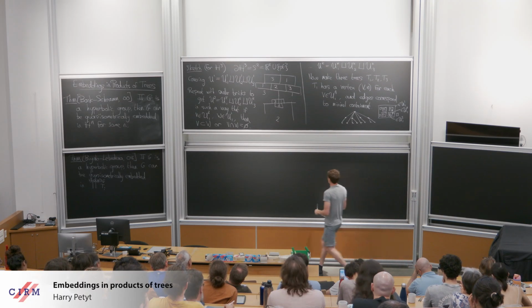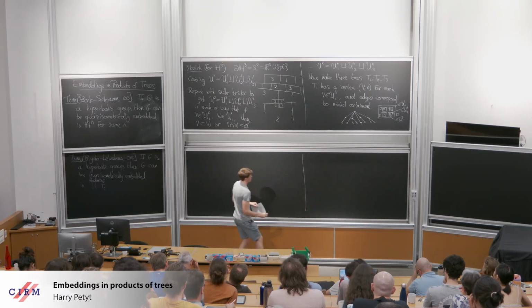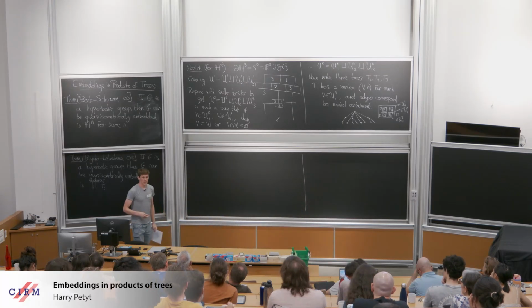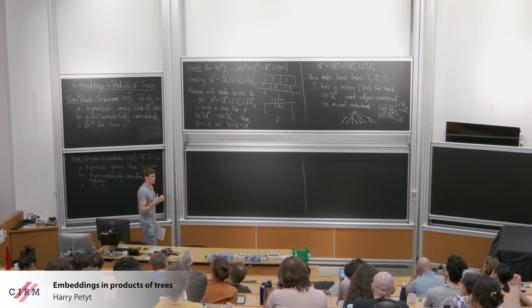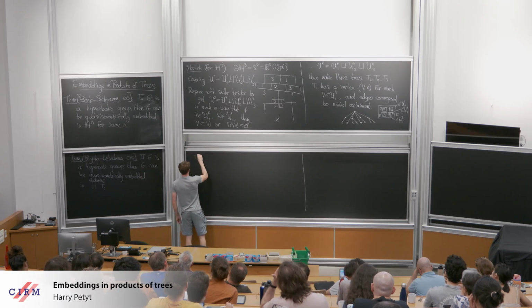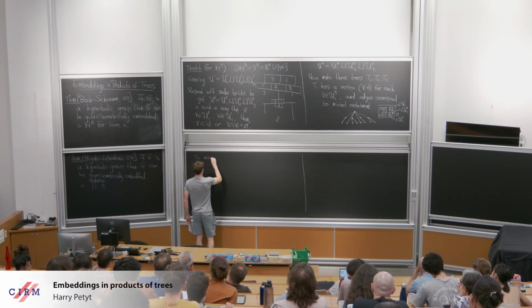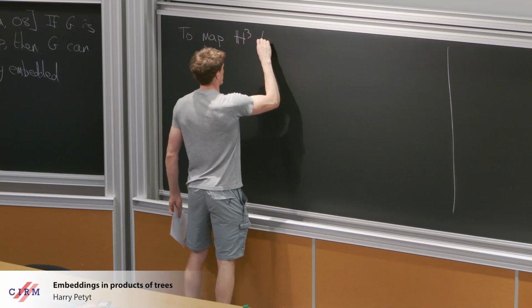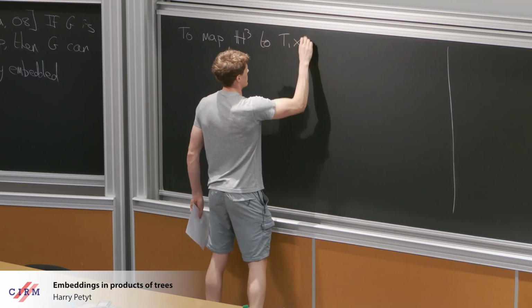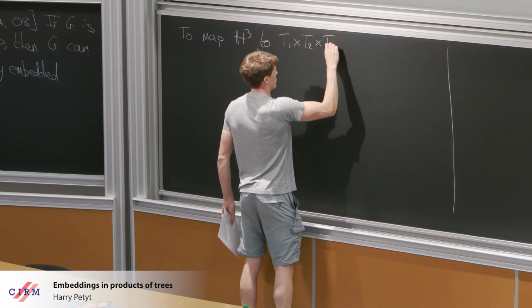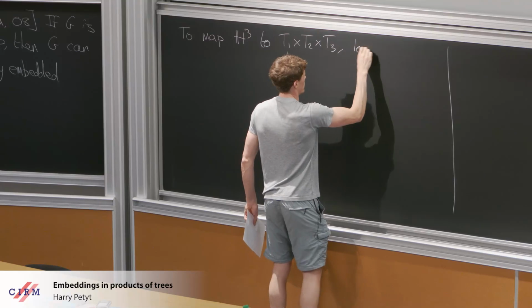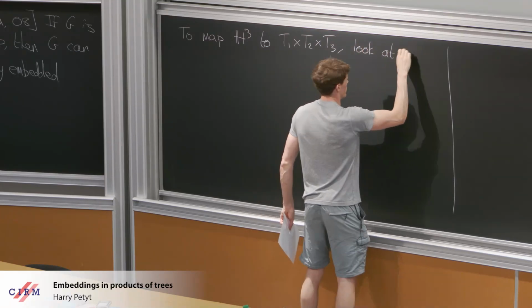And for that, I'm again not going to be very precise. But the basic idea is to look at shadows. So to map H3 to T1 times T2 times T3, look at shadows.